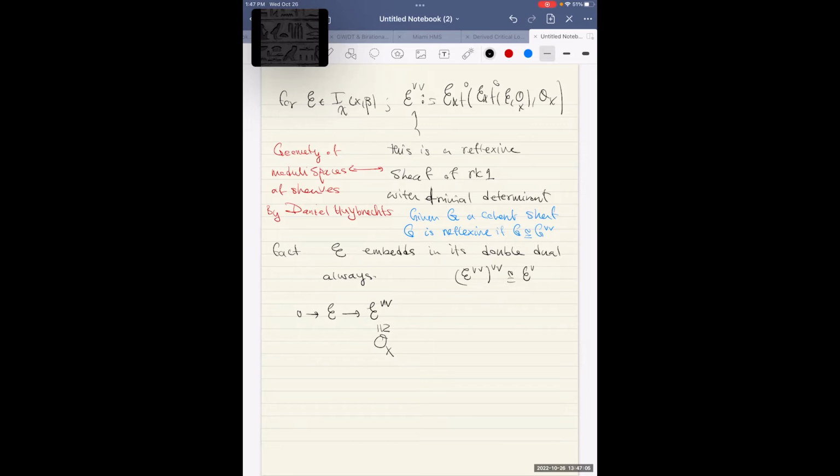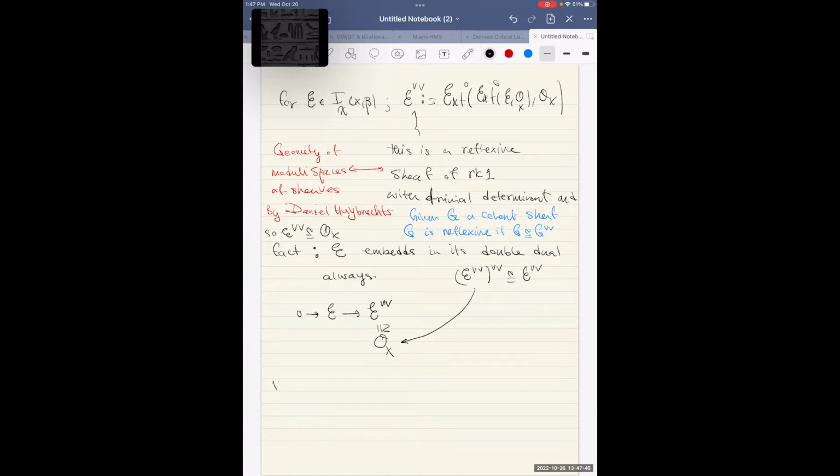When it is reflexive of rank 1 with trivial determinant, then it's got to be O. So E double dual is isomorphic to O_X. The fact is that E embeds in its double dual, so E embeds inside O.